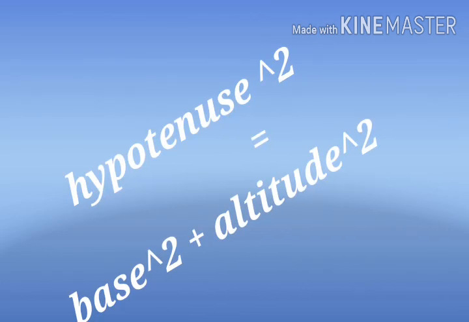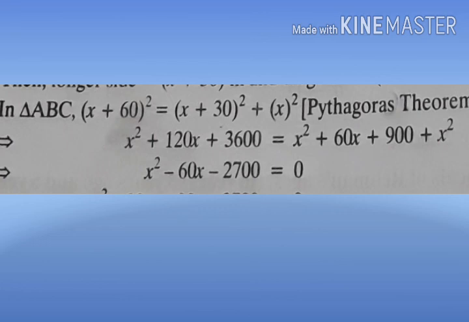Clear? Then we can write the Pythagoras theorem: hypotenuse square equals base square plus altitude square. That is (x plus 60) whole square equals (x plus 30) whole square plus x square.